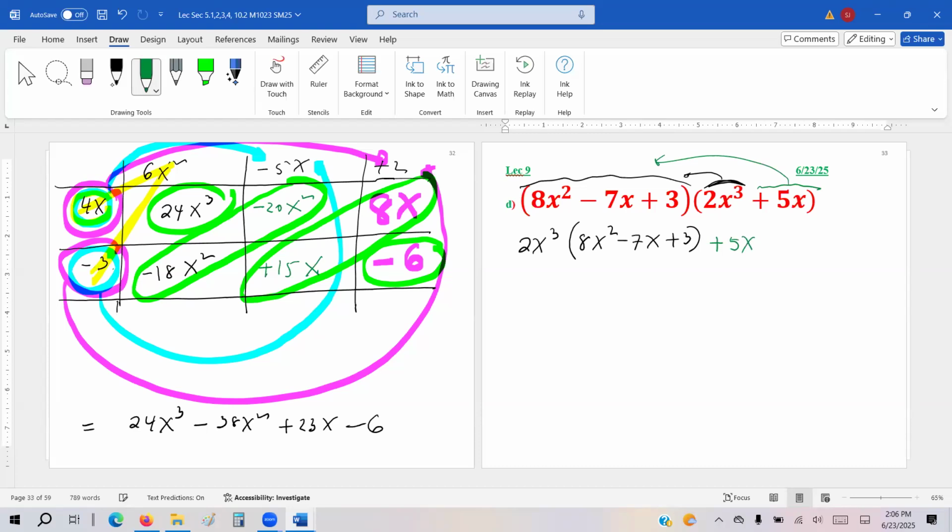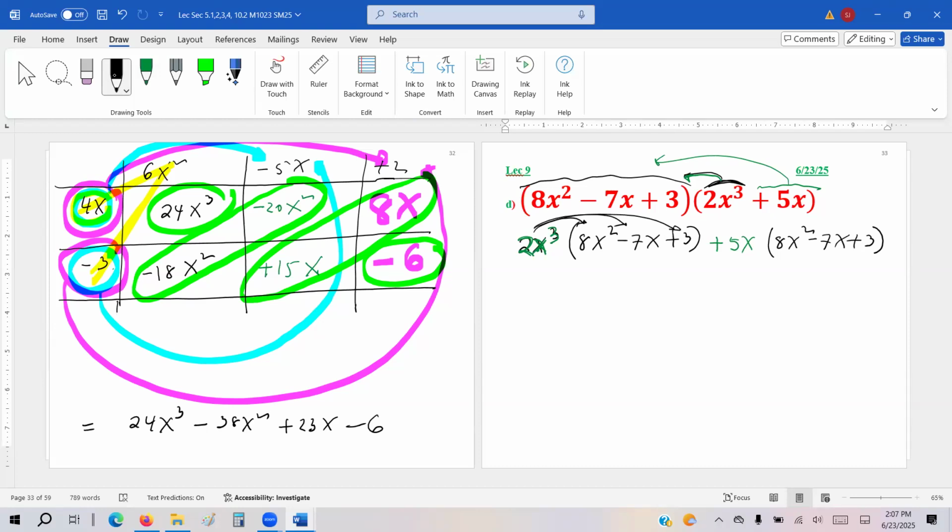So plus 5x multiplied by 8x squared minus 7x plus 3. And then it's just single distribution, one monomial and one trinomial.